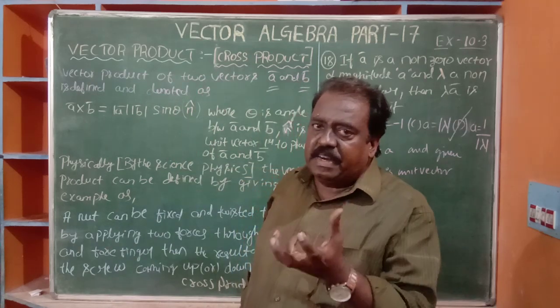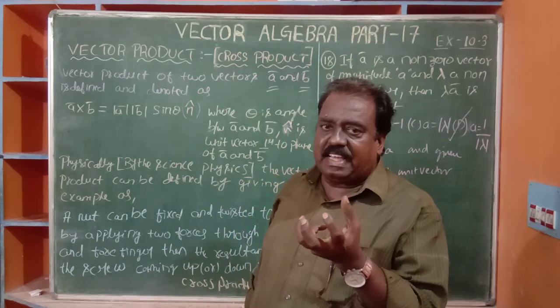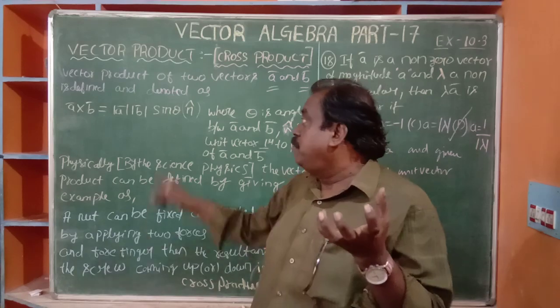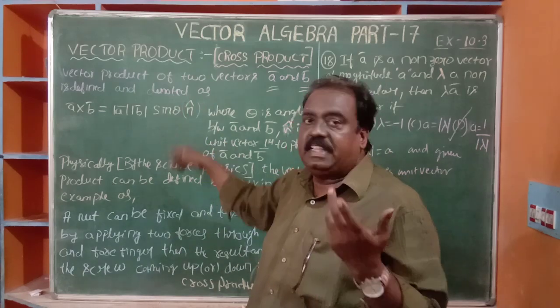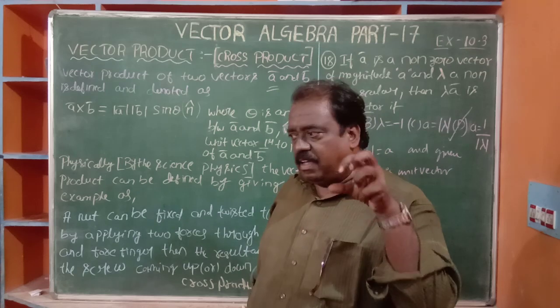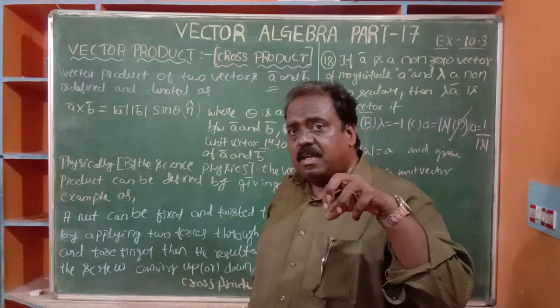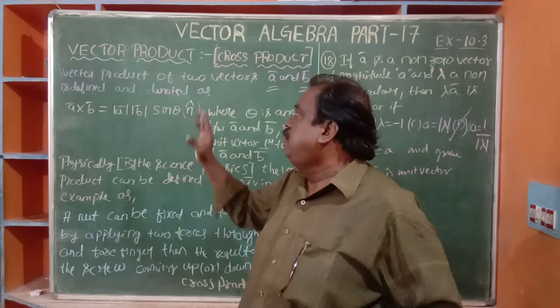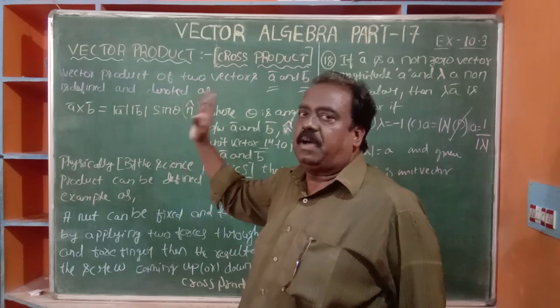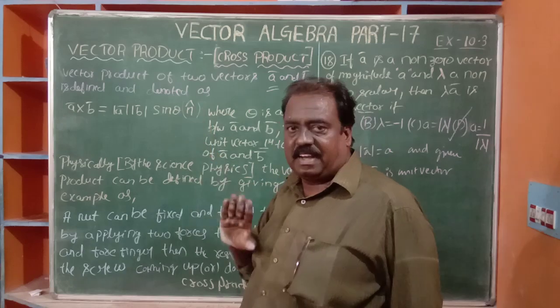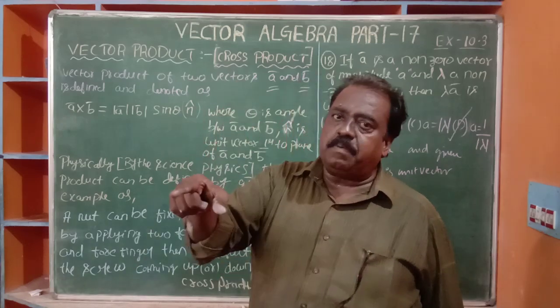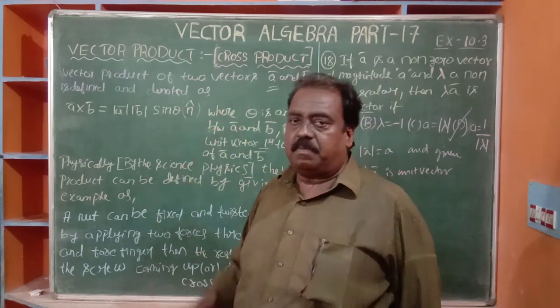Mathematically it is taken as a cross product by using mod A bar, mod B bar, sin theta. First of all, simply take A bar cross B bar is mod A bar, mod B bar, sin theta, not cos theta. Cos theta is dot product, sin theta is vector product.